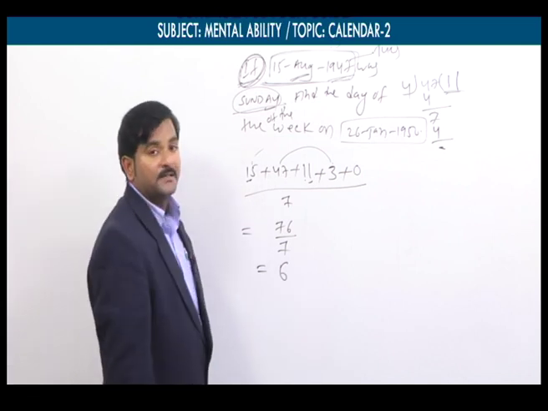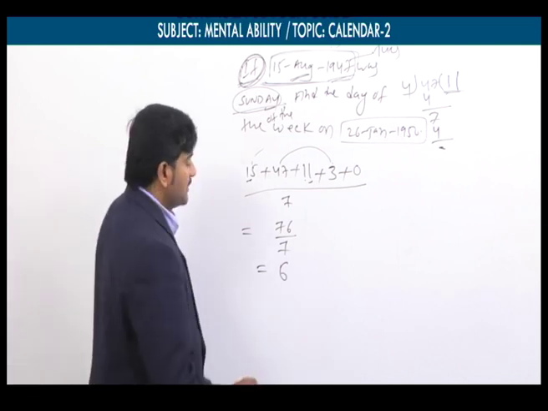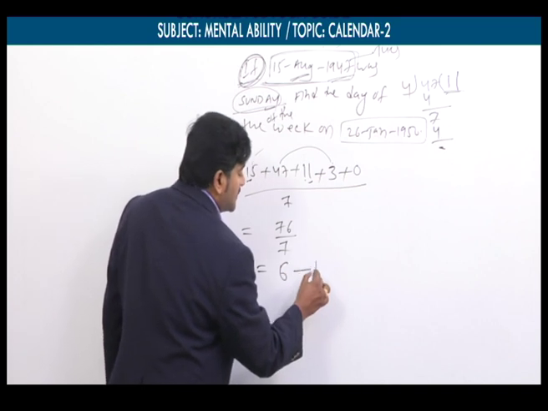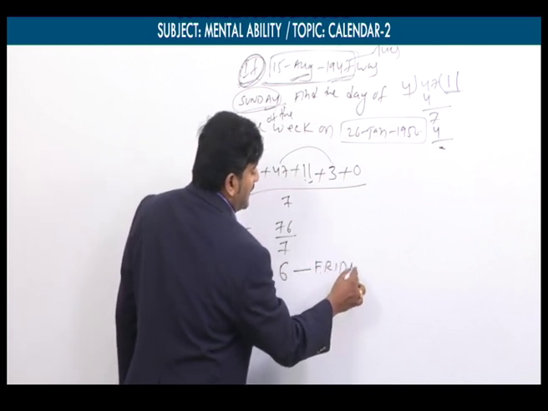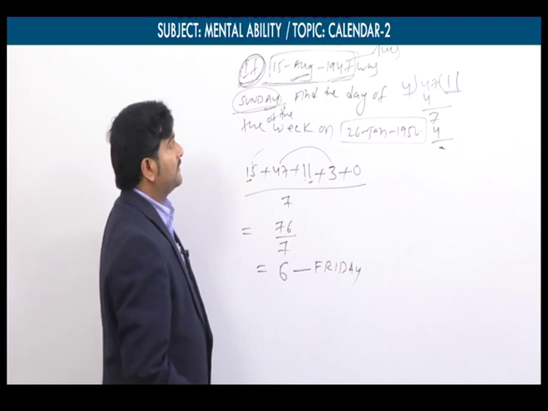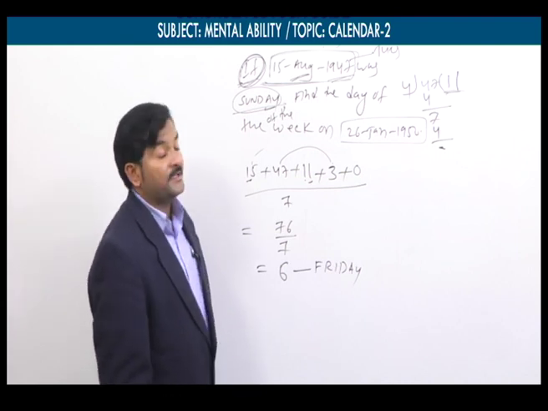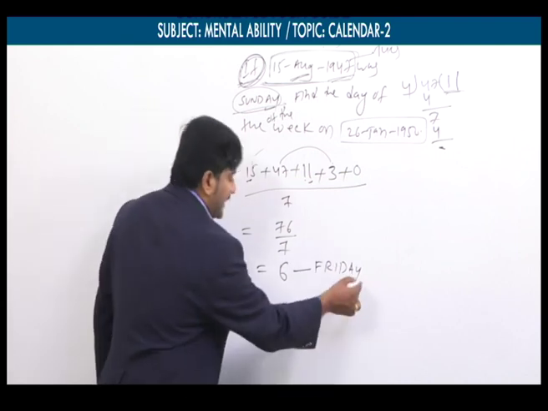What is my remainder? 6. According to the day codes, if my remainder is 6, you get Friday. Actually, 15th August 1947 was Friday only.